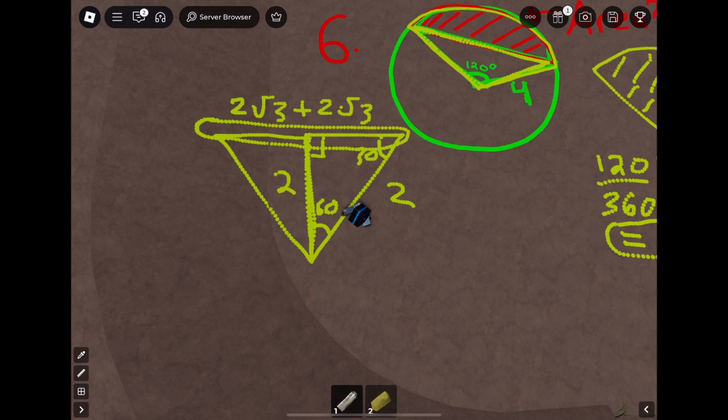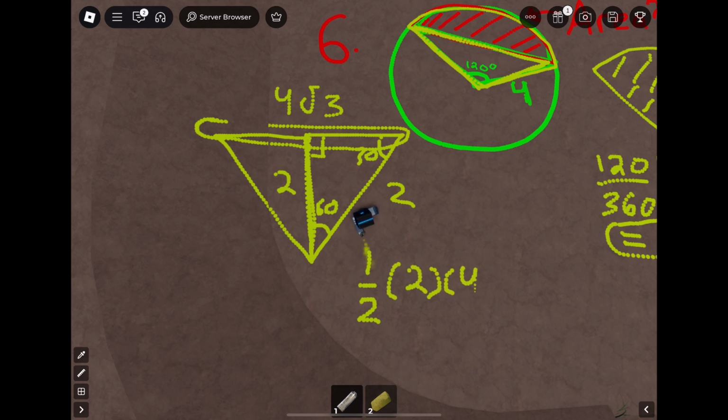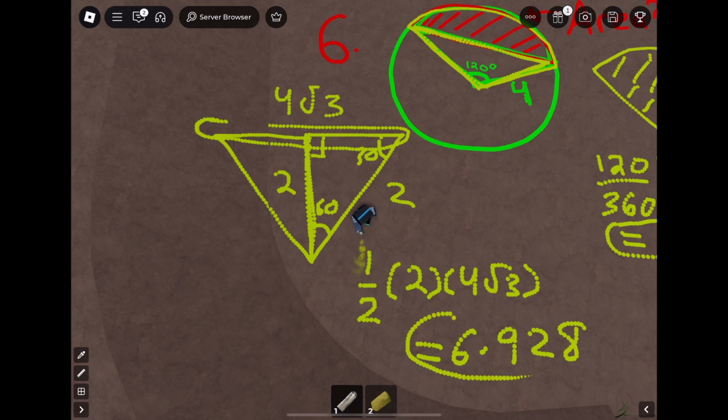So if we add those up, 2 root 3 plus 2 root 3, that total base is just going to be 4 root 3. So now we can find the area of this triangle using 1/2 base times height. The height is 2, and the base is 4 times root 3. Put this into a calculator, and you'll get about 6.928 as the area of that triangle.